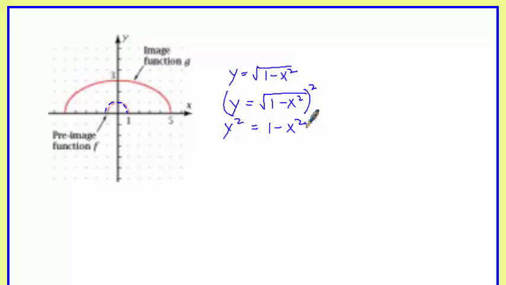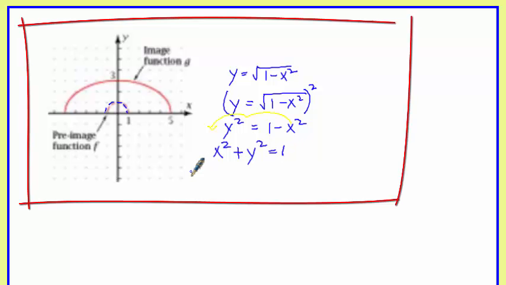Now you can see that this is primarily an example of a circle. By transposing x squared to the left side, we will have x squared plus y squared is equal to 1. And obviously this is an equation of a circle.